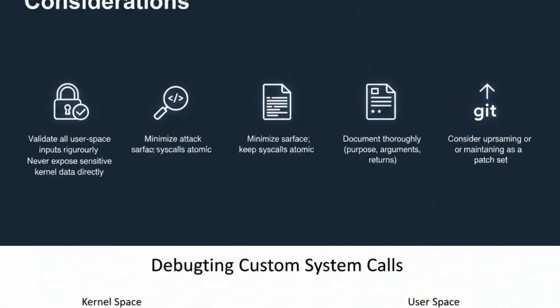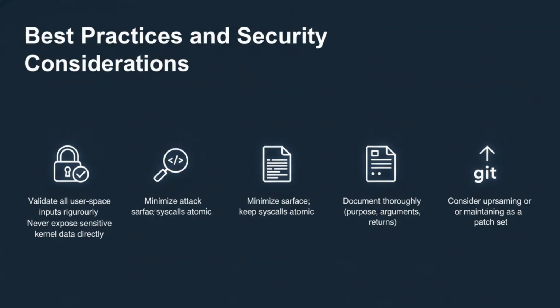As you venture into custom system calls, remember that kernel code runs with the highest privileges. Therefore, security and stability are paramount. Always validate all user space inputs to prevent buffer overflows, integer overflows, or privilege escalation. Minimize the attack surface by making your system calls as atomic and specific as possible.